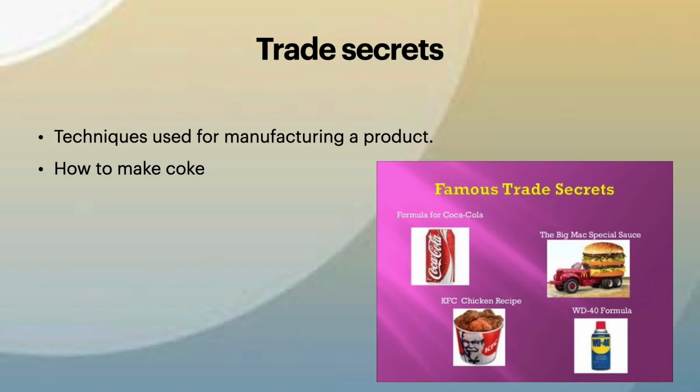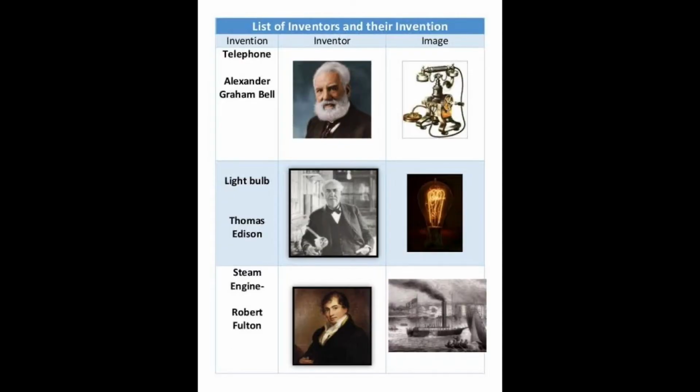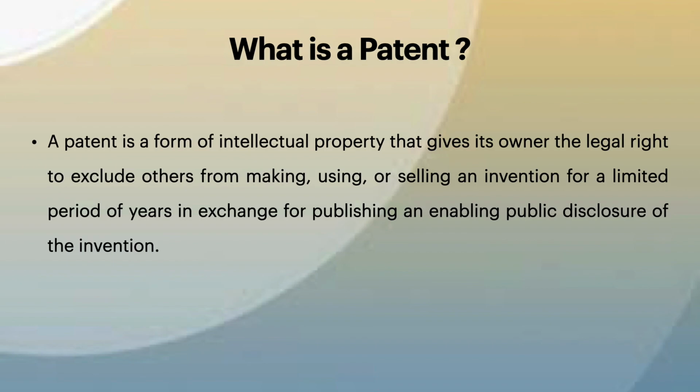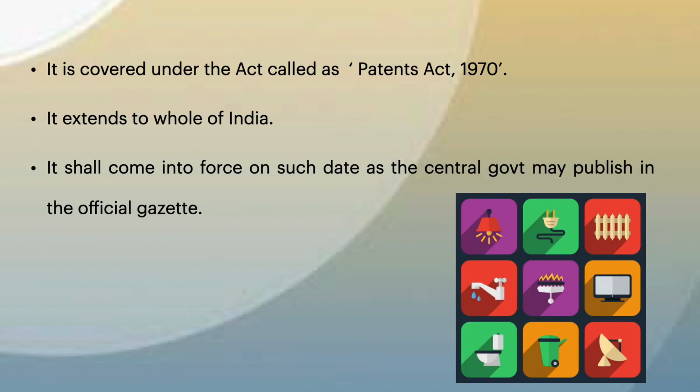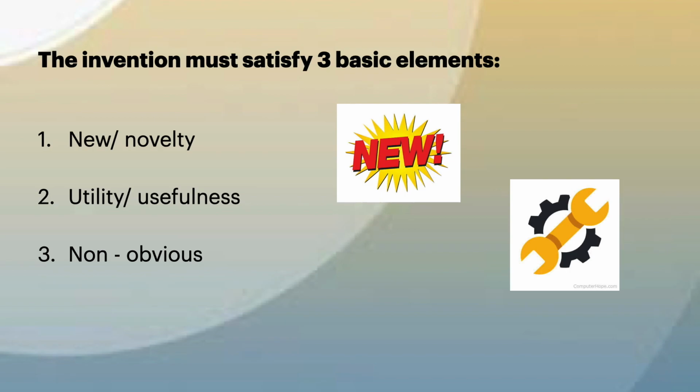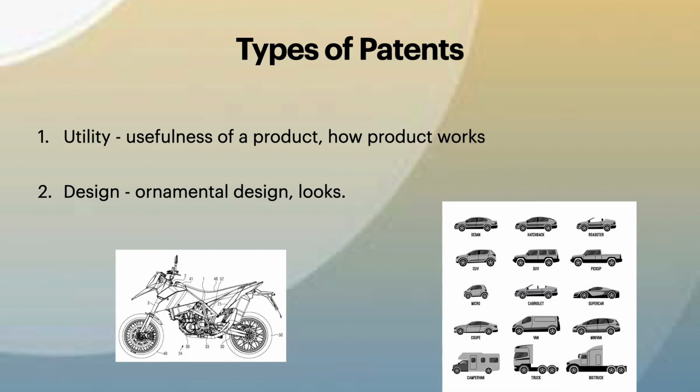The best example is Coke. Number four, which we are going to study in detail for this chapter, is patent, right? Inventions. Patent, the immediate word you need to remember is inventions. So here we studied the meaning of patent, under which act it is covered, the three basic elements for a patent to be accepted, the two types of patents, and the lifetime.